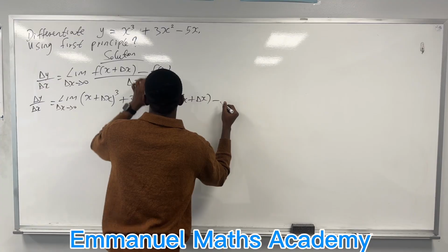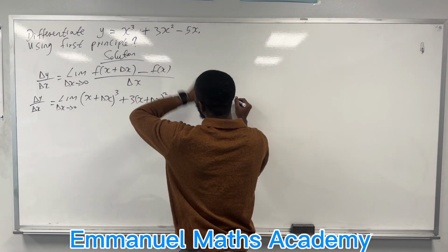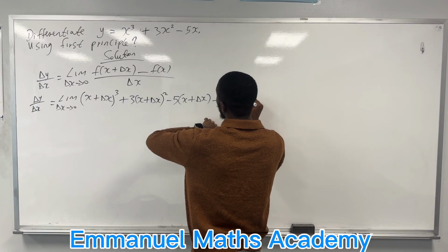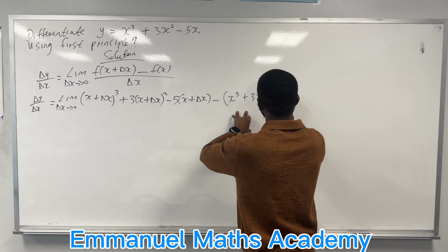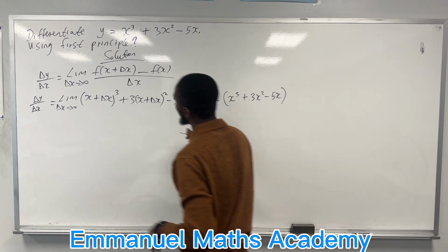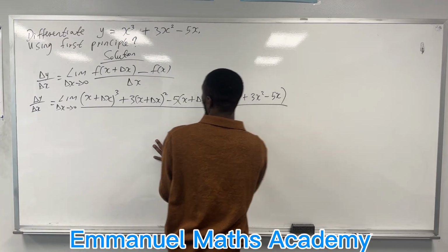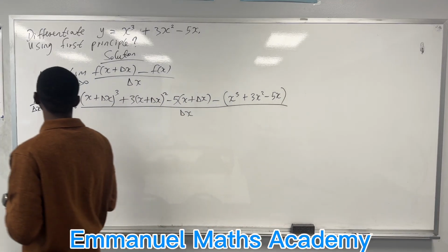All this minus f of x. f of x is everything we have here: x power 3 or x cubed plus 3x squared minus 5x, all over delta x. Right?